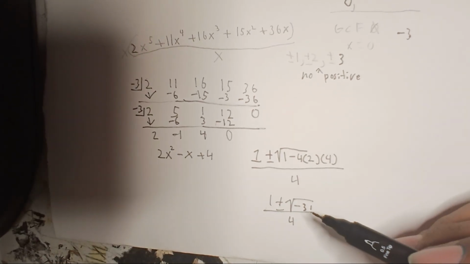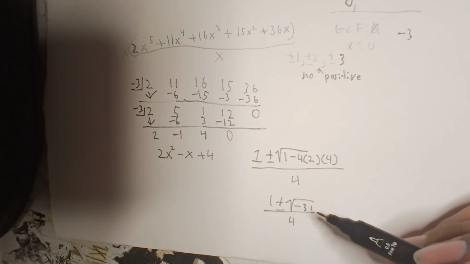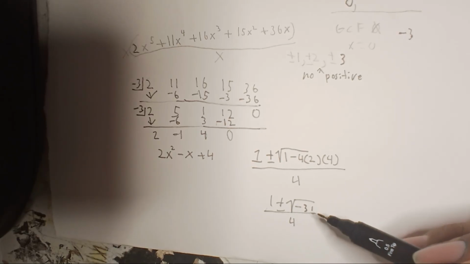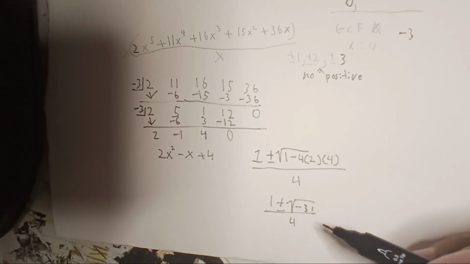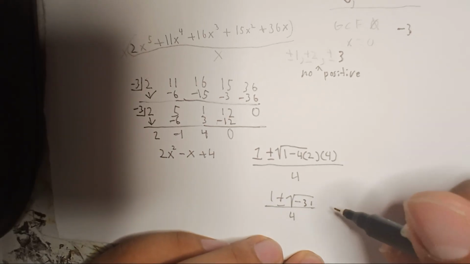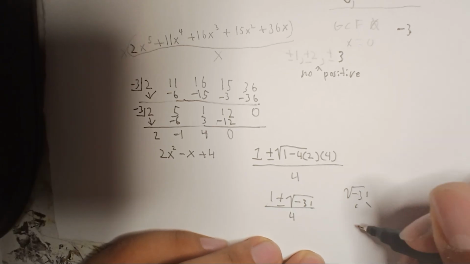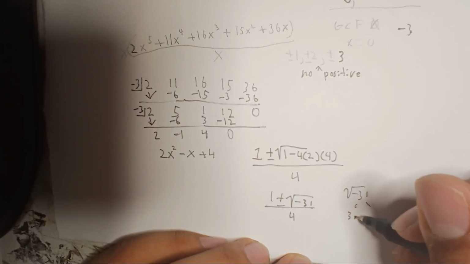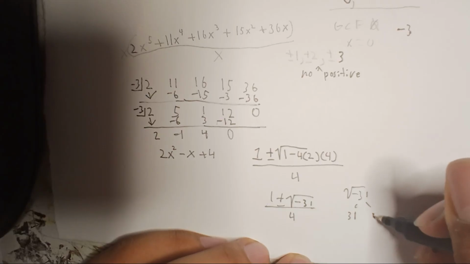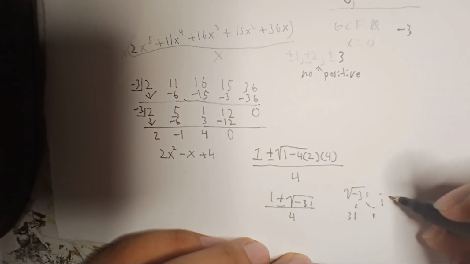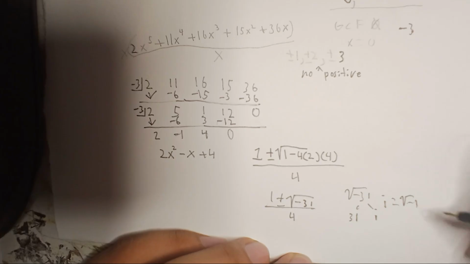Now that we have this, a negative square root is weird, and we need to make it look normal-ish. So I'm going to factor it. The square root of negative 31 turns into the square root of 31 times i, because i equals the square root of negative 1.